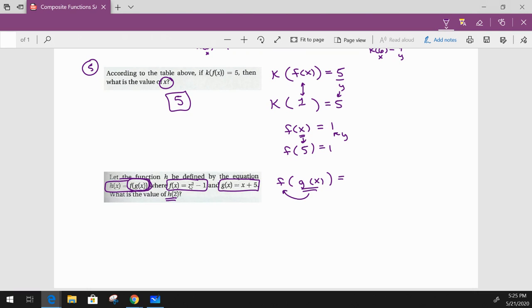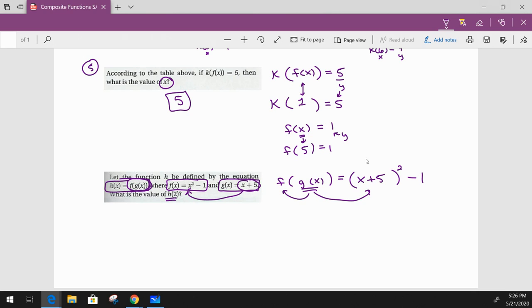So the f of x function has x squared. But remember, we're replacing the x with the g of x function. We still have a minus 1, so it's still something squared minus 1. The input squared minus 1. Well, the input is your g of x function, which is x plus 5.